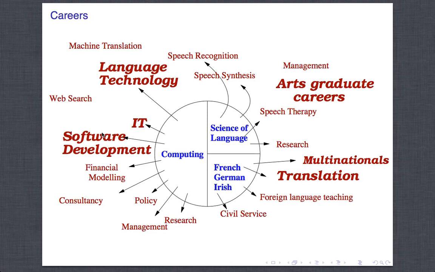So that's one whole sphere of destination that people go to. Maybe they take the language that they've learned, and that is central to their career. They may work as translators, interpreters. Possibly people have gone off to other occupations where the language itself is vital, like in the diplomatic service.